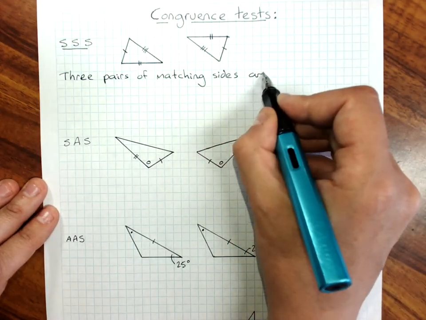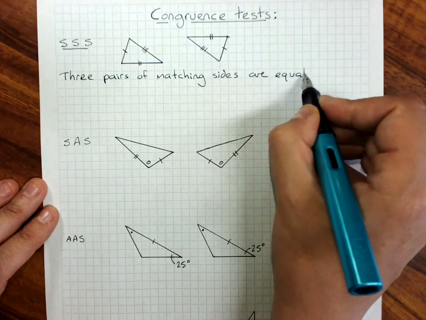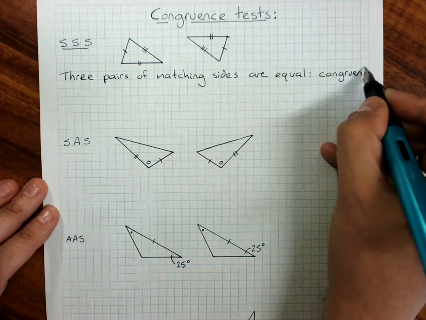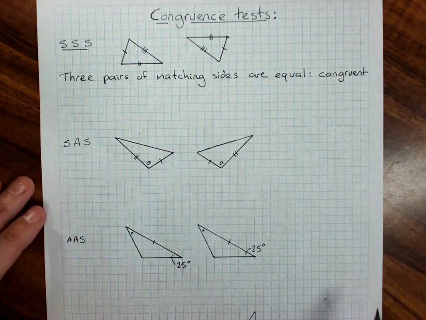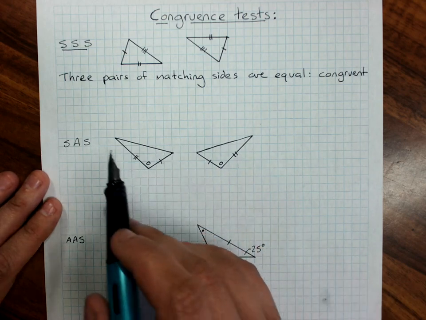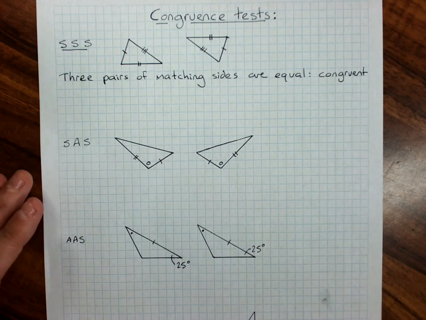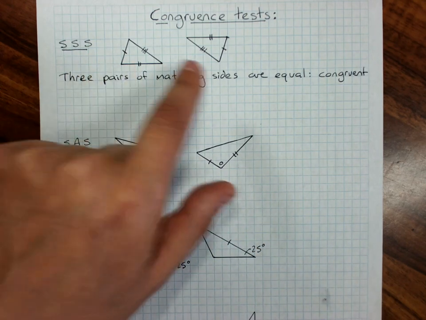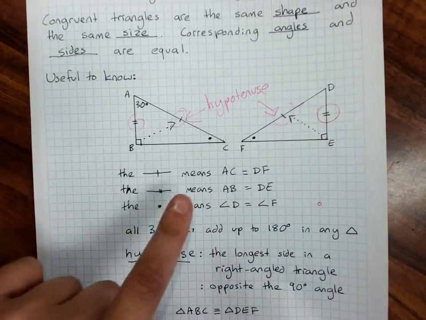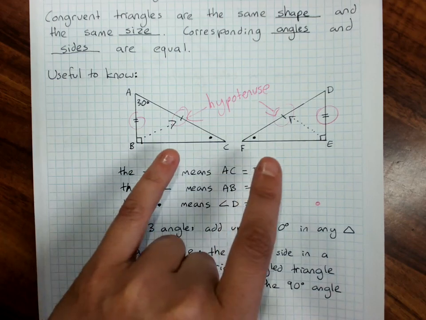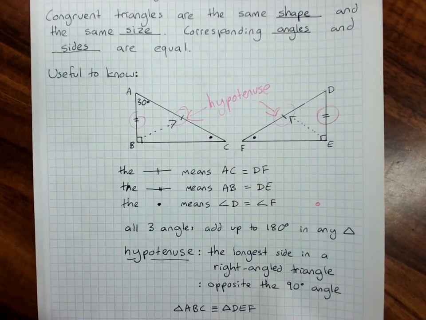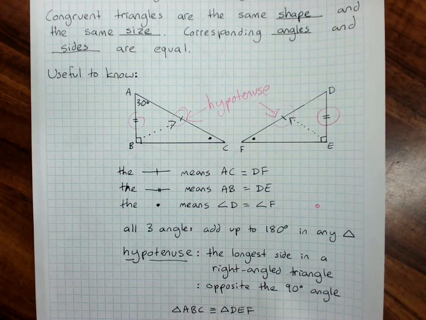Now this only works for triangles. This is the congruence tests for triangles. So if I can see that all three sides are the same on the two triangles, that works. Now that test doesn't work for this pair of triangles because I can't be sure that this side is the same as that side. So that congruence test wouldn't be good enough.